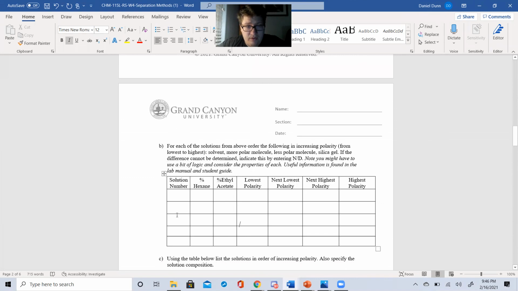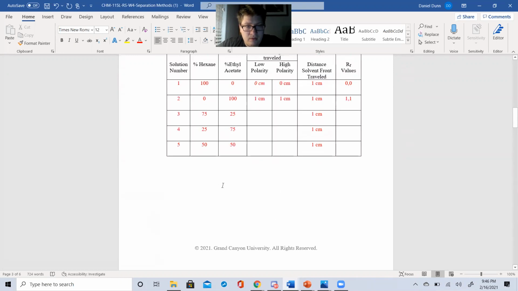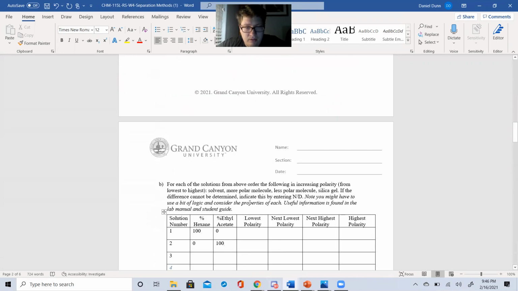Now, this is the part that confuses a lot of you. Same thing, we'll pick the solutions: 1, 2, 3, 4, and 5. Solution 1 was 100% hexane, 0% ethyl acetate. This was 0% this, 100% this. We're going to keep it going.